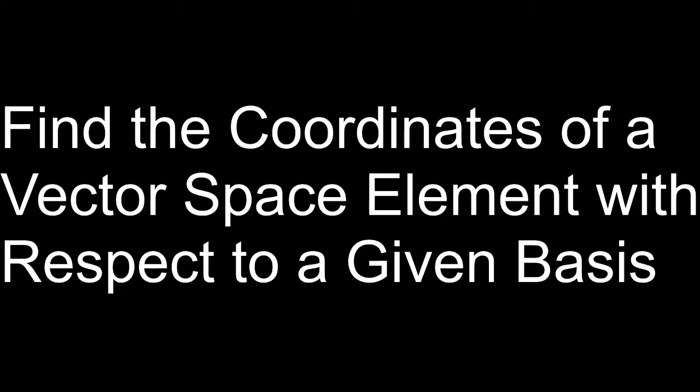And also I'll define what a coordinate vector of a vector from a vector space relative to a certain basis is. And I'll go over several examples where I'm given a basis for a vector space, a vector in that vector space, and then asked to find these coordinate vectors.